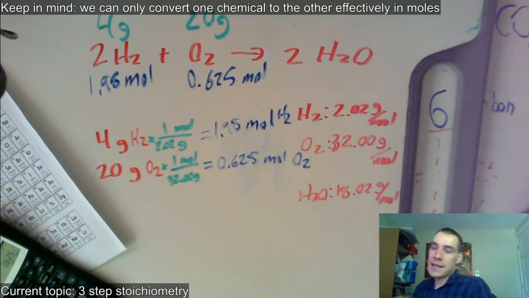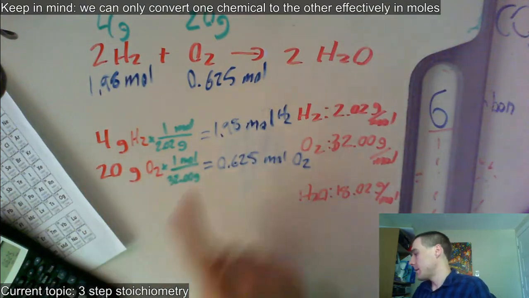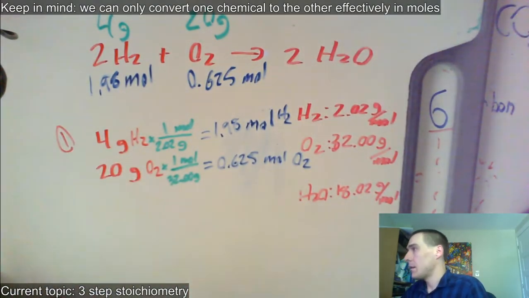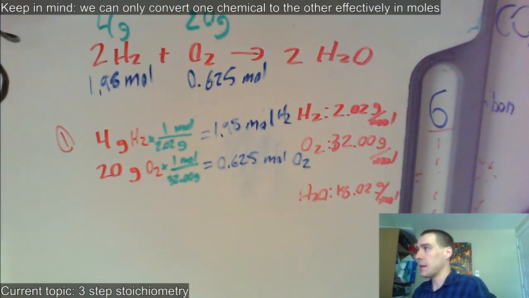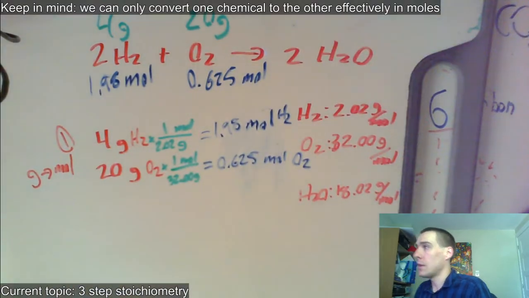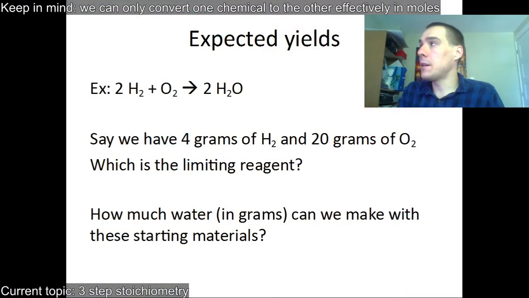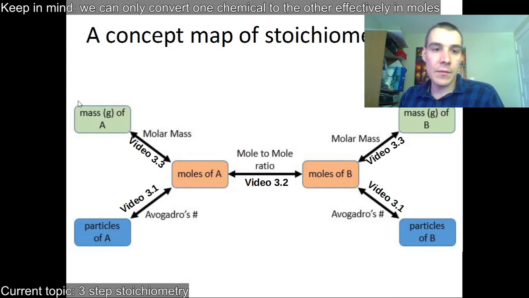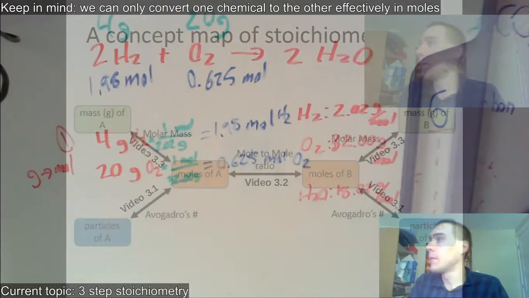So this is where the second step comes in. Step 1 in our 3-step stoichiometry was going from grams to moles. If we look back over here, from mass to moles, we use the molar mass to get there.